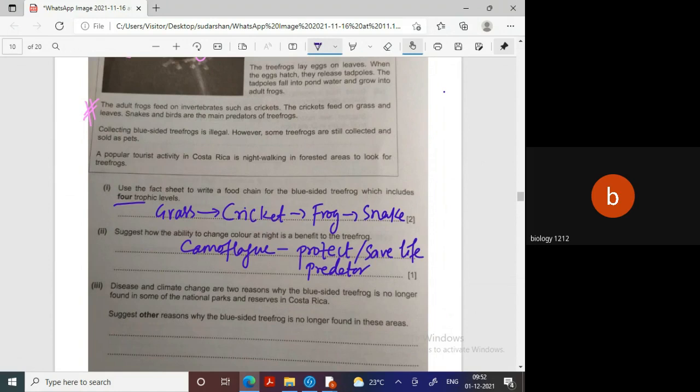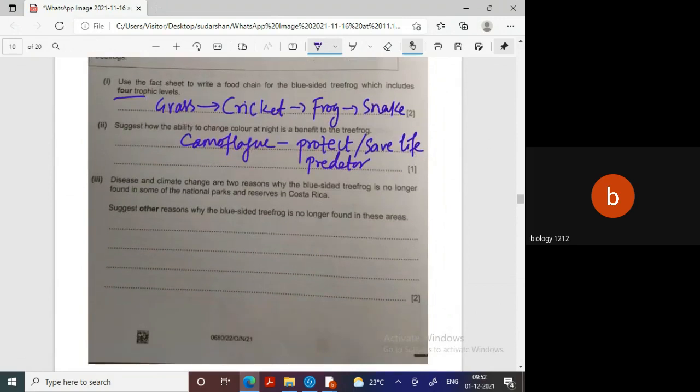The next one: disease and climate are the two reasons why the blue-sided tree frogs are decreasing. Can you tell some other reasons? This carries 2 marks. They are asking for two other points, suggesting two other reasons why the number is decreasing. As we can see in the food chain, the snake is one of the predators of the frog.